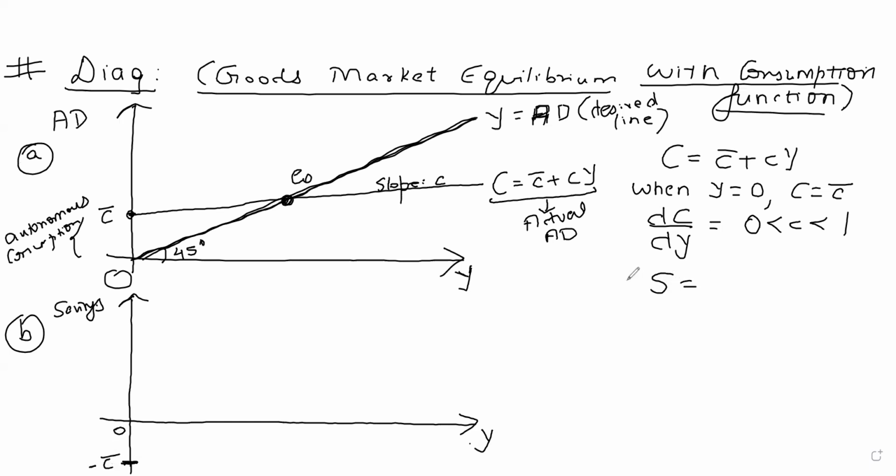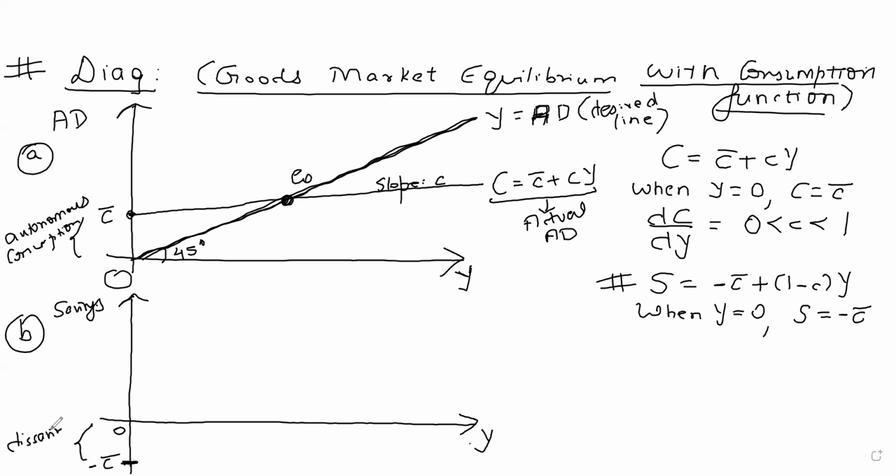Remember, the savings function we had derived: minus C bar plus 1 minus C times Y. So when income is 0, savings is negative, equal to this level of dis-savings. Basically, this gap is exactly equal to this gap.